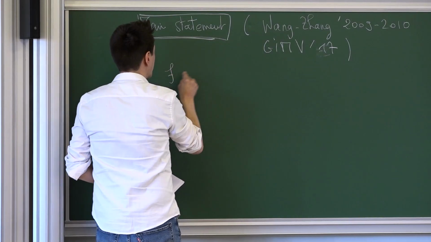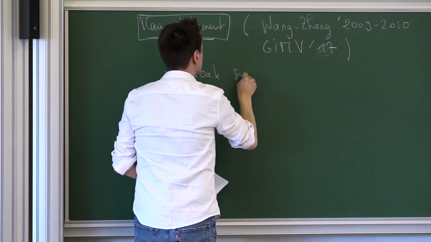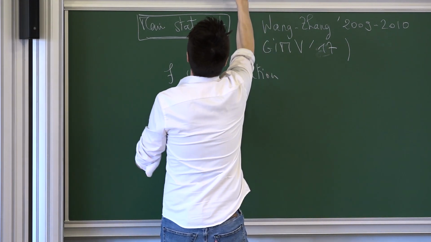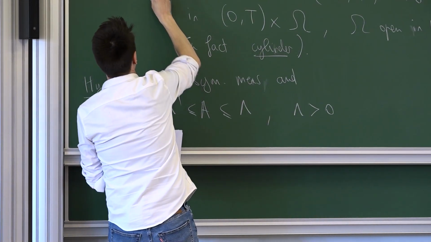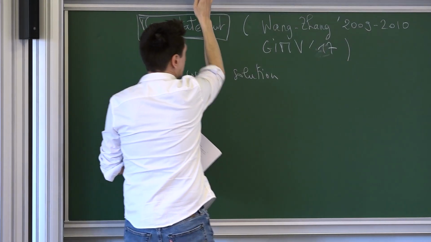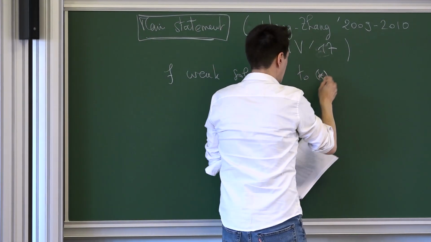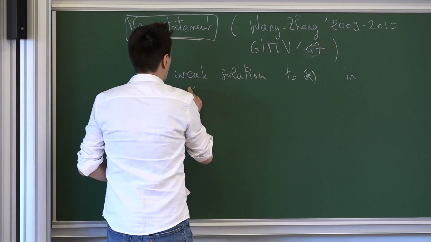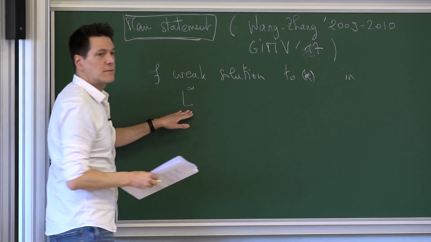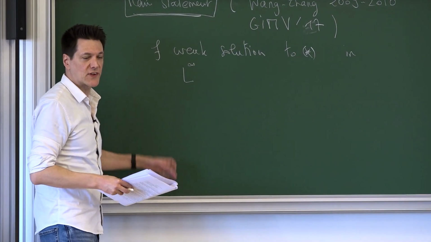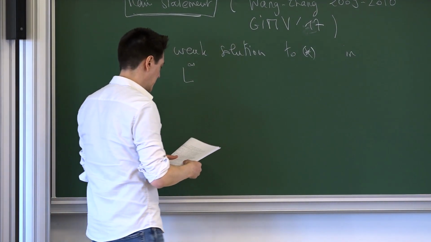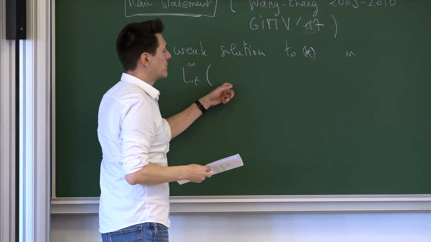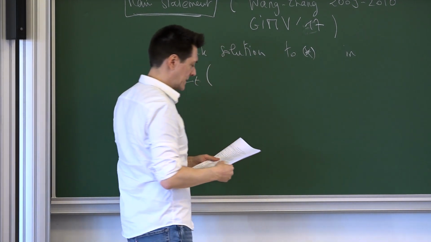So, given f, a weak solution to my model problem. What is the setting I'm taking? I'll take this setting. I'm absolutely not trying to put the minimal functional setting. I just want to put a functional setting reasonable for all the manipulations I'm going to do. Don't forget that in practice, it's rarely the problem, the tiny optimization of the space you're looking at here.